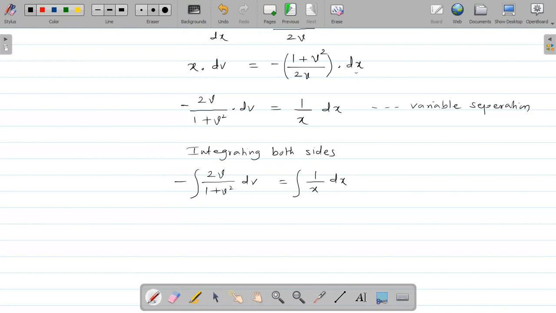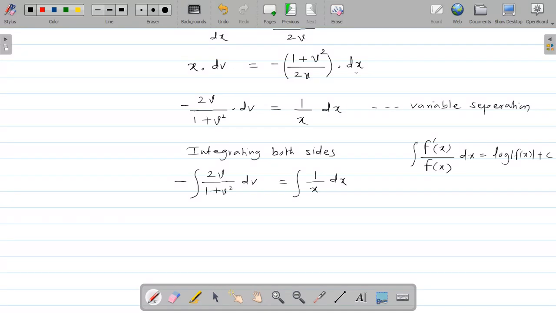Now if you observe here, the left hand side is the function in the form of, see here, as we know the rule, integration of f dash x upon f of x dx is equal to log of modulus of f of x plus c. Here the denominator is 1 plus v square and the derivative of this denominator is 2v, because the derivative of 1 is 0 plus derivative of v square is 2v.